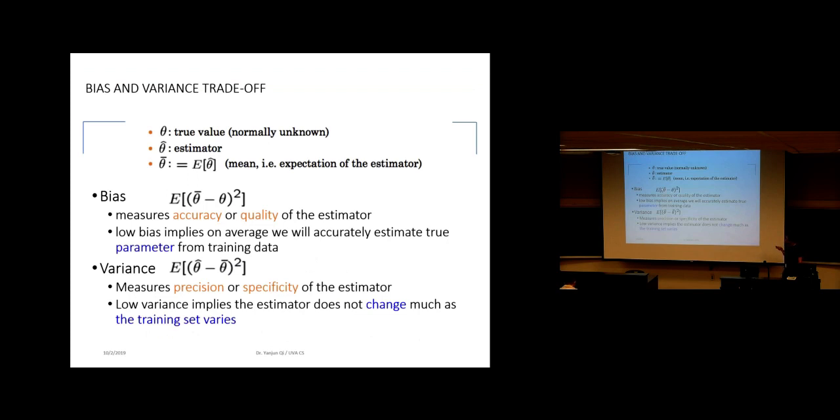So again, bias in the parameter estimation angle is the same thing: how the expectation of the estimated parameter is apart from the true parameter, the true model. And variance is how the current estimated parameter varies from the expectation of the parameter.